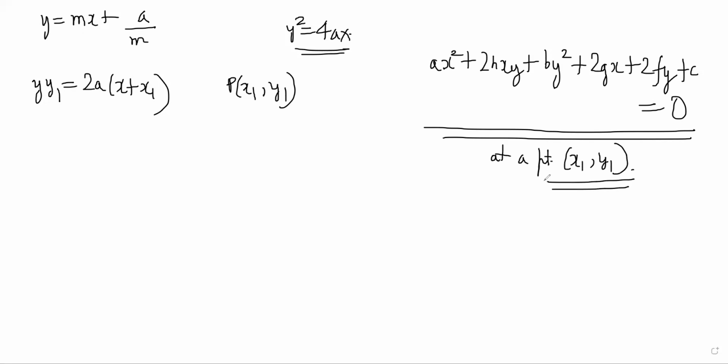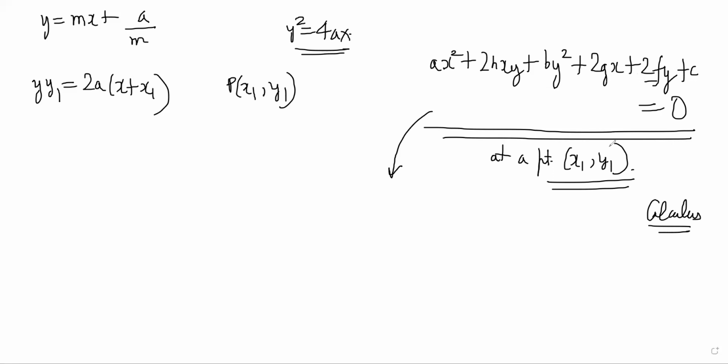Obviously the method is to differentiate and find dy by dx at that point. It will be slightly long because you have to get dy by dx and then put it in the line equation. So the real method is the calculus method, but there is a nice trick in coordinate geometry for any 2-degree curve, whether it is a circle, parabola, ellipse, or hyperbola.